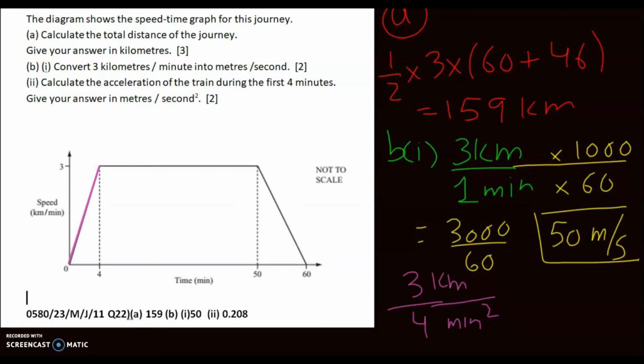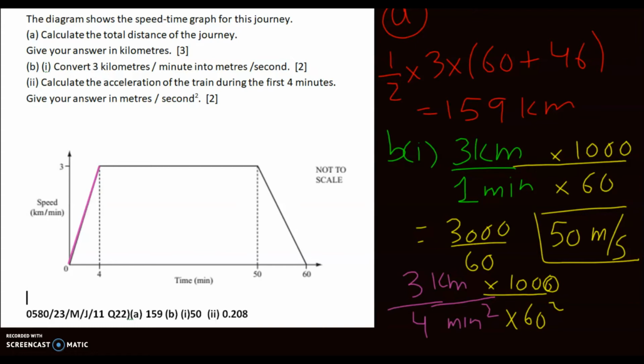Okay, the question says give your answer in meters per second square. So change this into meters, so times 1000. Change the minute square into second square, so we'll have to multiply it with 60 square because of the square unit. So now what's 3000 whole divided by, in the denominator, 4 times 60 square?